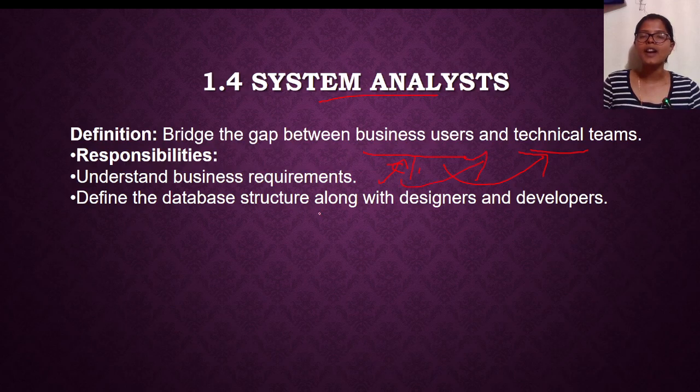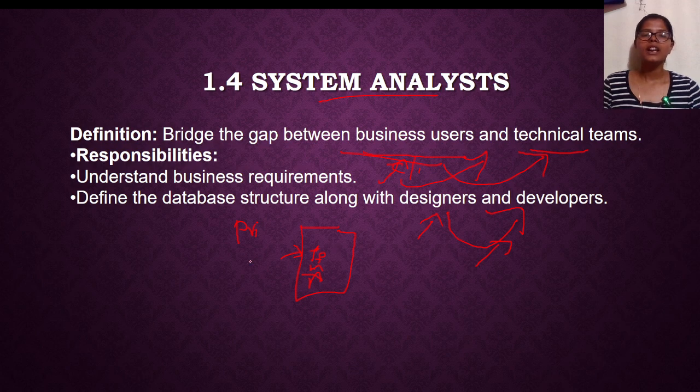He has to define the database structure along with the designers and developers. He has to update the designers and developers based on the user requirement, or client requirement. Suppose the client is a principal. The principal wants an app to store the college details, fees, marks, each and every student's marks and fees, and attendance.